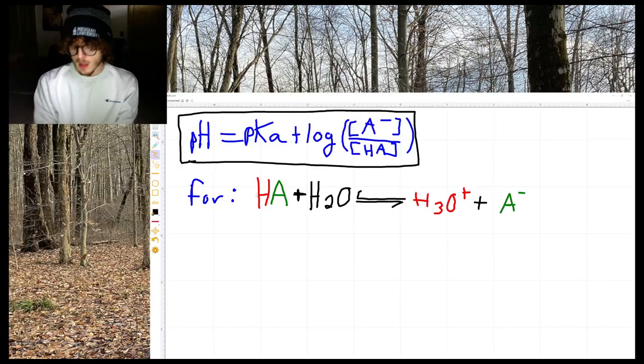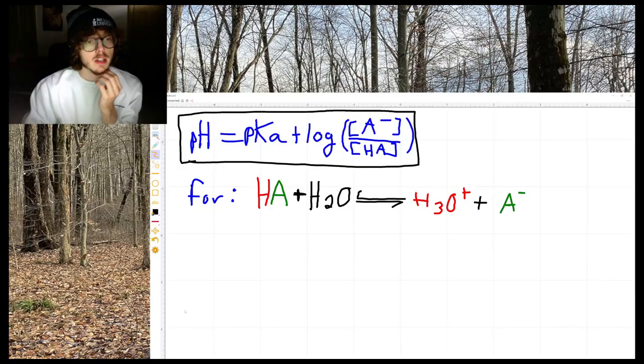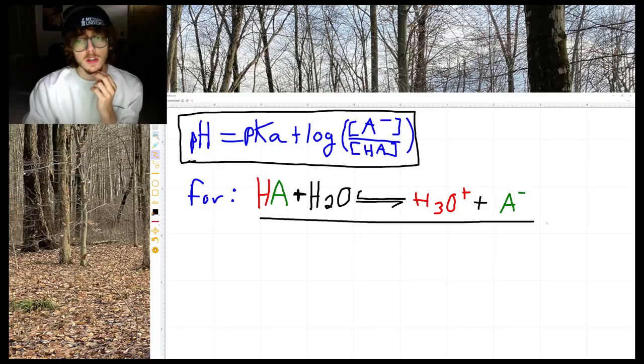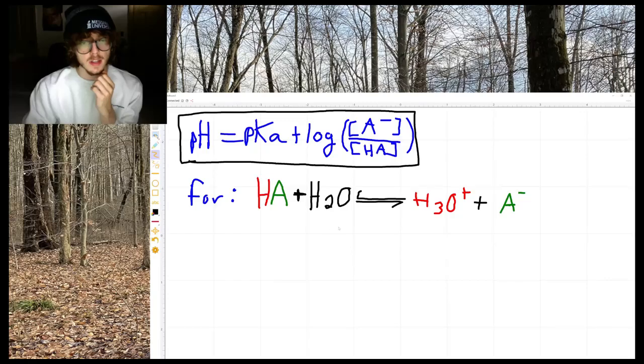So what we have to do here is first set up an equilibrium expression for this reaction. Assuming that water is a liquid and not a gas or anything, we can exclude it from the equilibrium.